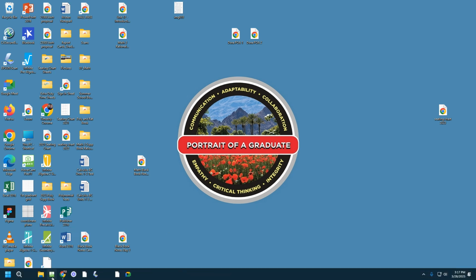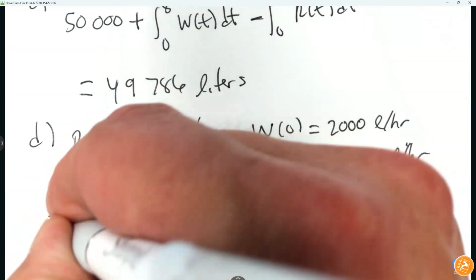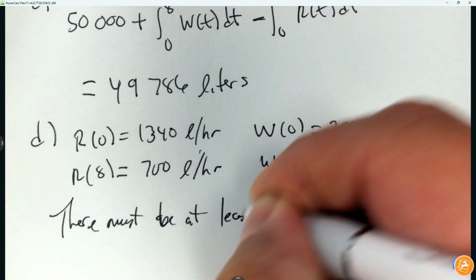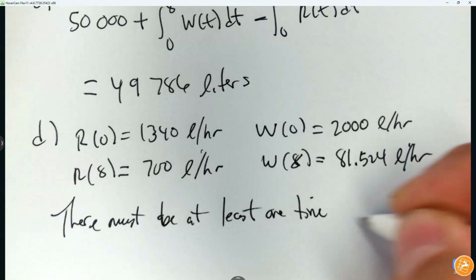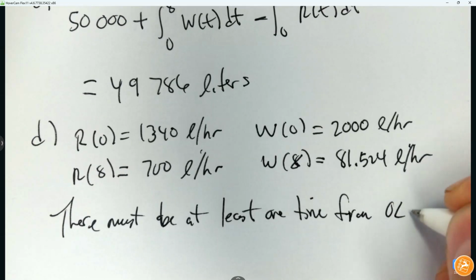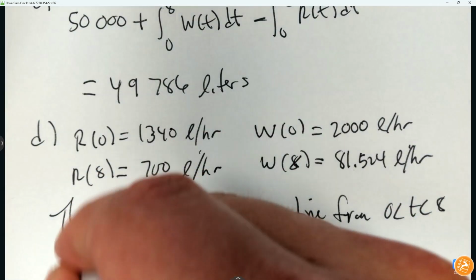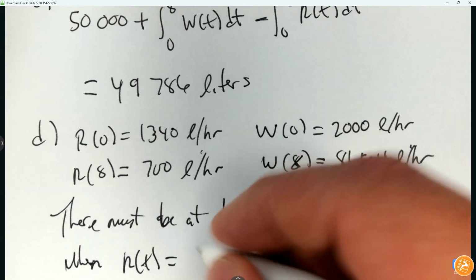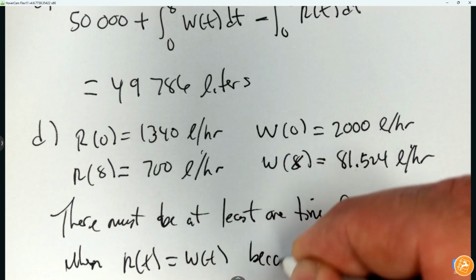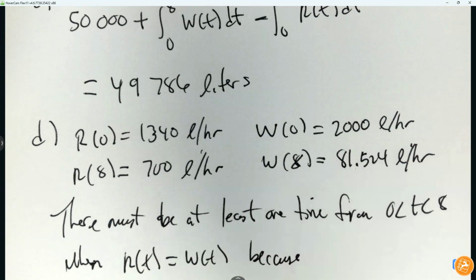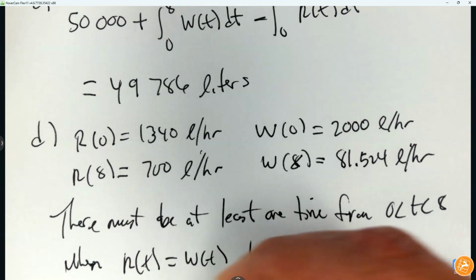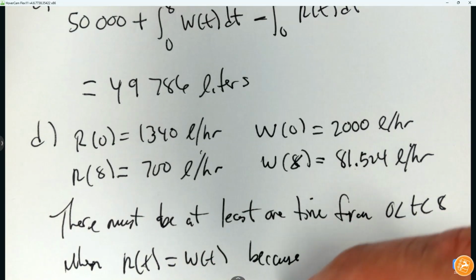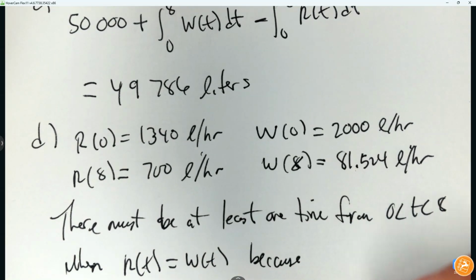And then we're going to write a statement. So there must be at least one time from 0 to 8 when R of t equals W of t, because R at 0 is less than W at 0, and W at 8 is less than R at 8.